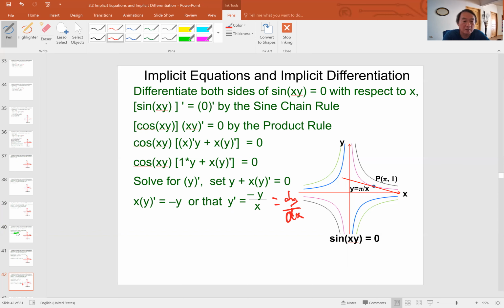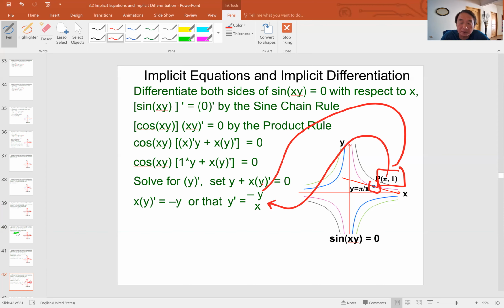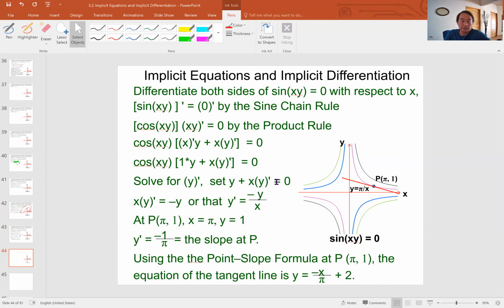But it's still usable. How? If I'm given the location of a point, here it's pi, 1, all it says is stick in pi for x, put y to be 1, and that will give you the value. Once I have the slope, I can put it into the point slope form, and I get the equation.